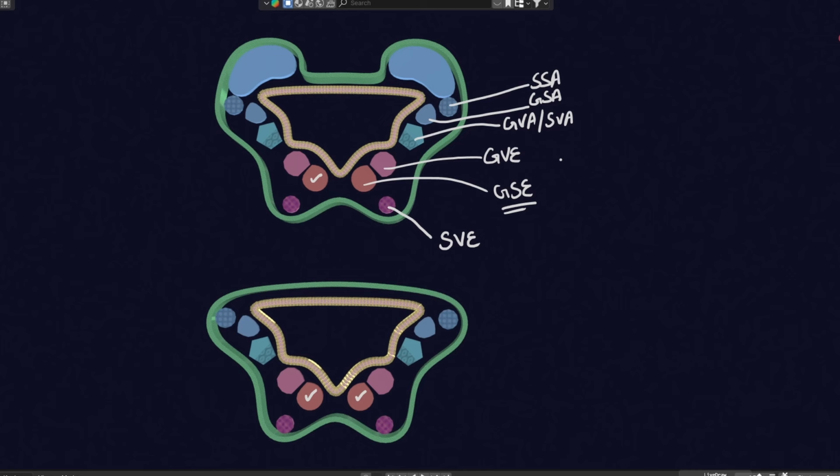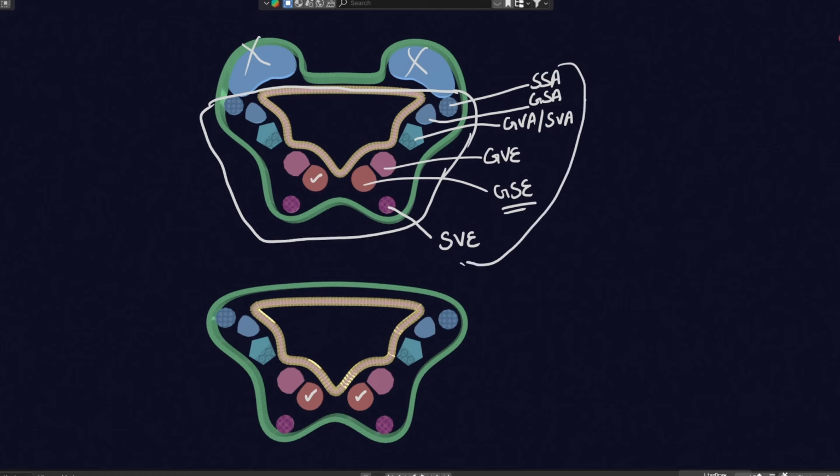Now what we will do is remove this rhombic plate because it is going to form cerebellum. We will only focus on this part. Here I have written the types of nuclei, but now we will see the exact nucleus in the pons, their names, and which cranial nerve they supply.